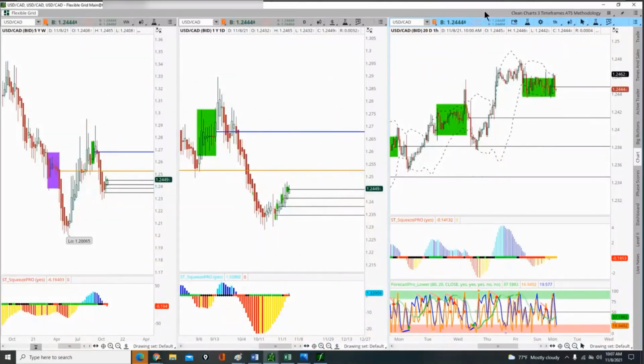But anyway, what I do is when I notice a squeeze, it doesn't matter, ES, crypto, it doesn't matter. What I like to do is this tells me to go look at the chart. Now, this is where it'll be a little bit different for everybody.